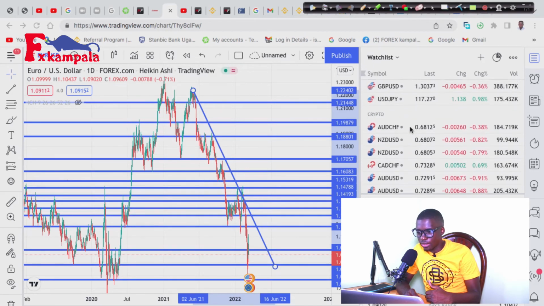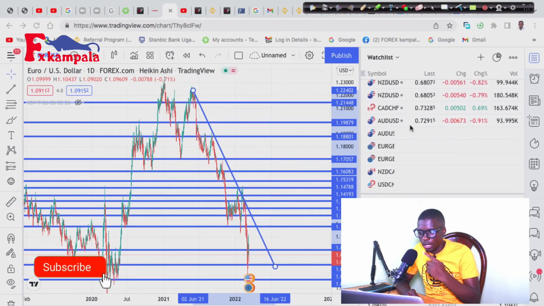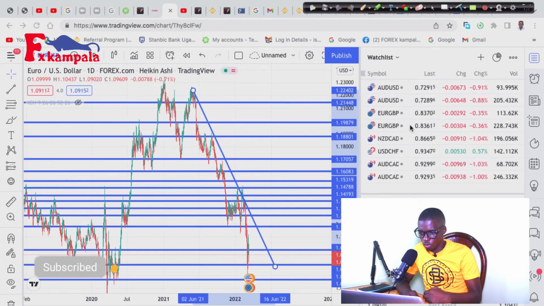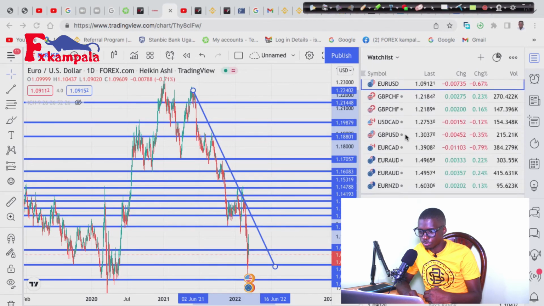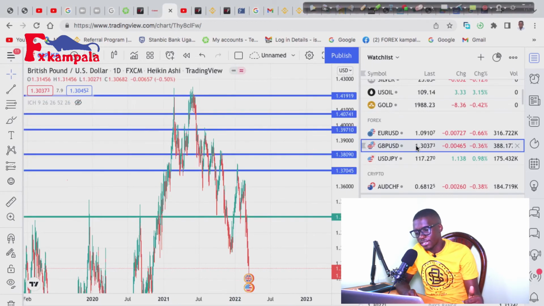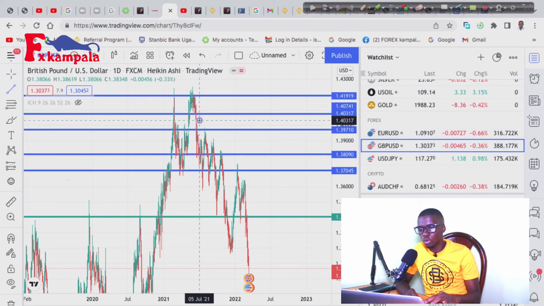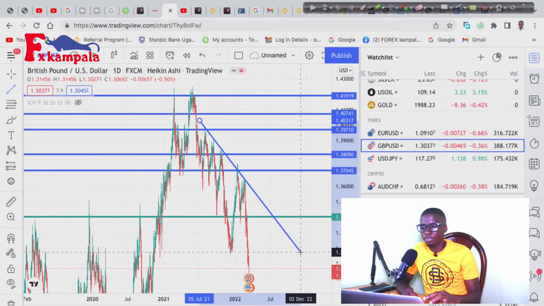So let's get it and see if it's really what we are trying to look out for. As we get our GBP USD, you'll also realize that GBP USD is trending downwards, as we saw with Euro USD, following the same technical principles.